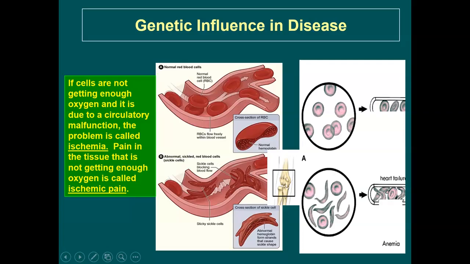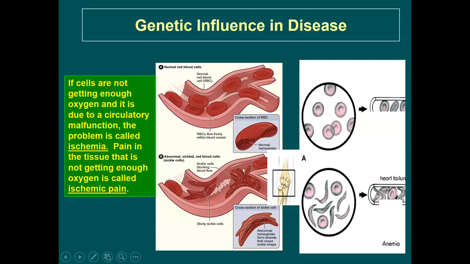I've thrown in a picture of a joint because for whatever reason, that seems to be where these individuals experience this ischemic pain, meaning that oxygen is not getting to this area of the body, and it will cause profound pain whenever oxygen doesn't get to tissues.